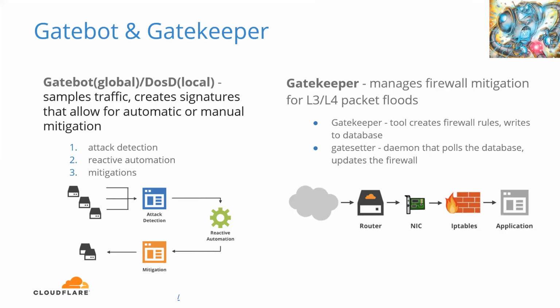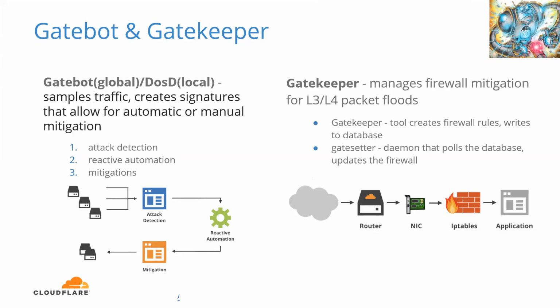So what does it mean? This is our mechanism to detect if there is any attack and do the automatic blocking. In each and every one of our data centers, we actually have two mechanisms, called Gatebot and DOSB.